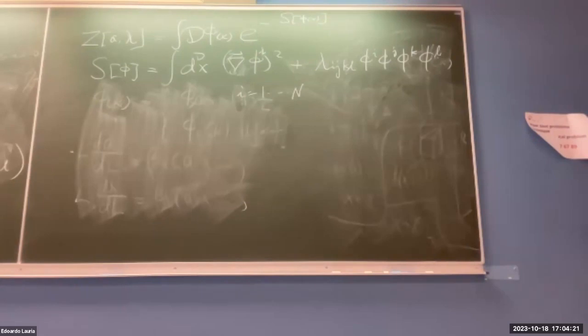If you have a solution, then rotating by these O(N) matrices, it still satisfies the same equation. That's what the trend is saying. So basically, you have some redundancy.